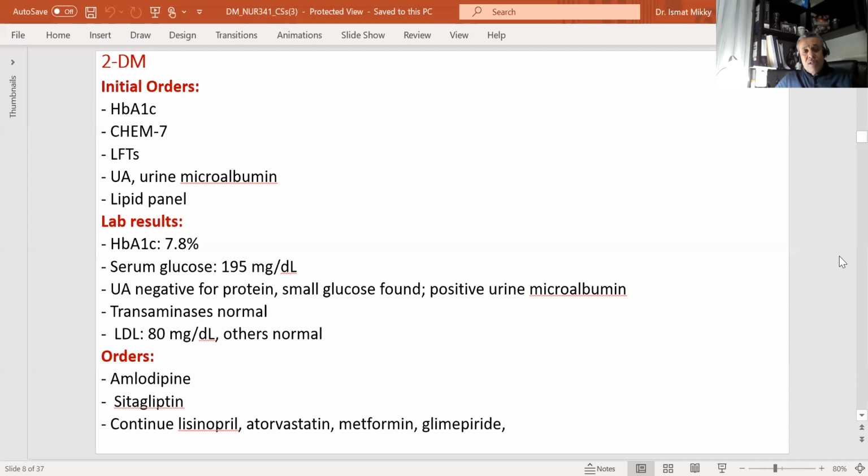In terms of medications, we should never combine an ACE inhibitor with an angiotensin receptor blocker. ACE and ARB, they do not combine. So under the orders also, amlodipine, sitagliptin, which is Januvia, and then continue lisinopril, Atrivista, and metformin, glimepiride.